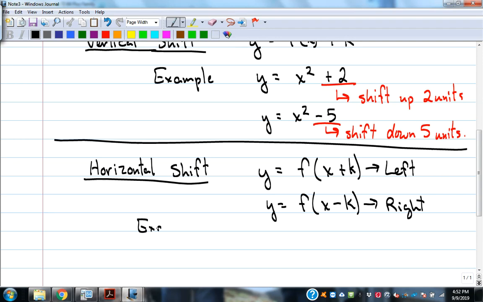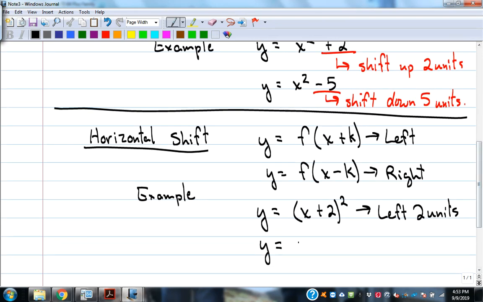Examples would be, if you had y equals parentheses x plus 2 squared, that's going to be to the left 2 units. If you had x minus 3 squared, that's right 3 units.